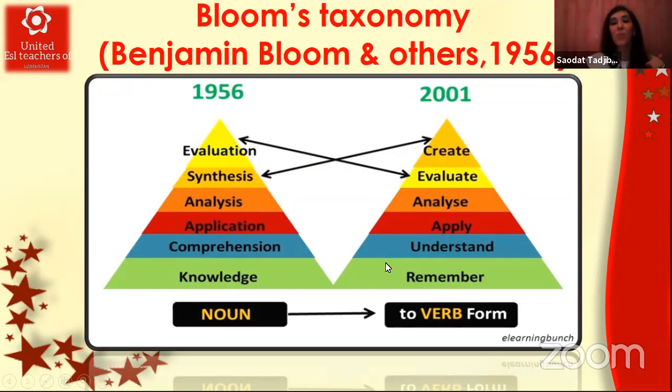Why? Because while you are conducting the session and implementing your objectives, two cycles are needed here. First, in the first cycle, they will try in order to understand and have practice with it. And then in the second cycle, they will implement what they have already understood here.